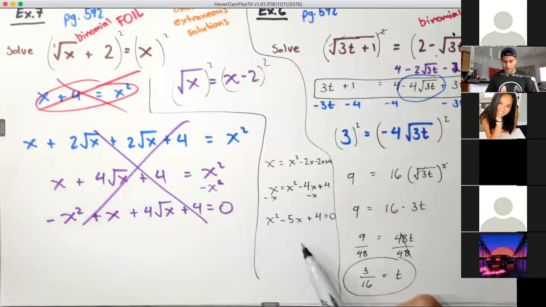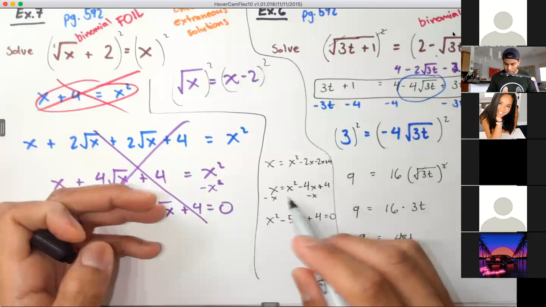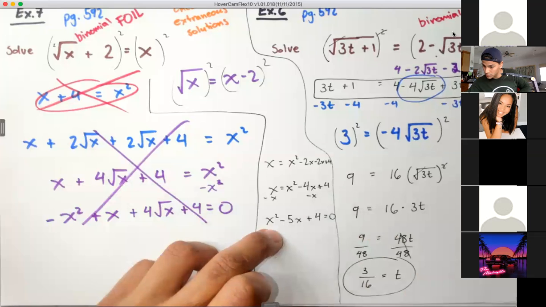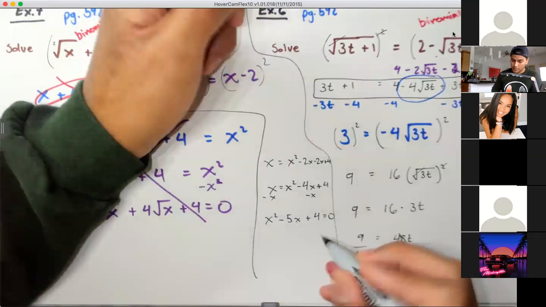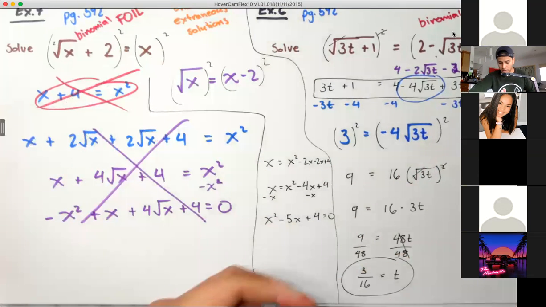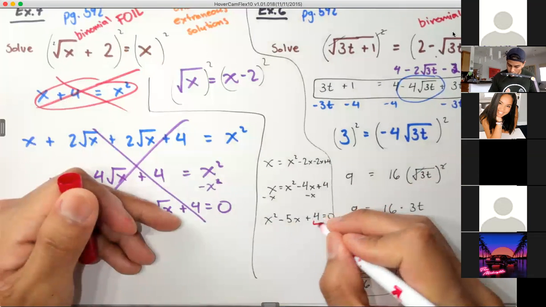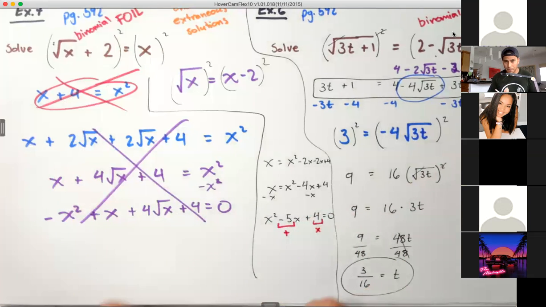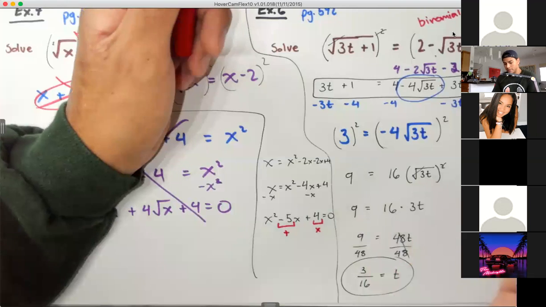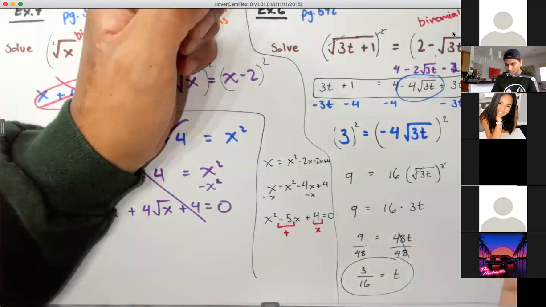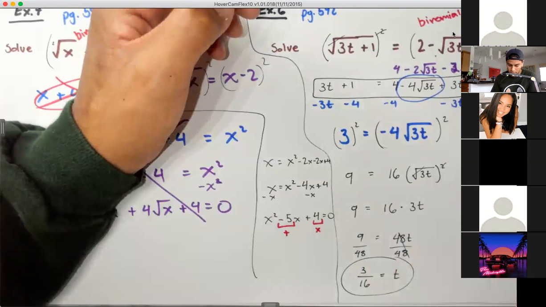Now you want to factor. To factor this, what you want to do is ask yourself what 2 things multiplied together are going to equal 4 and added together are going to equal -5. Let's see, what are they going to be? 1 and 4, I think that's the only thing.